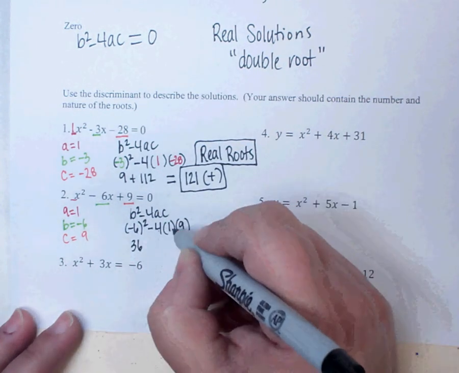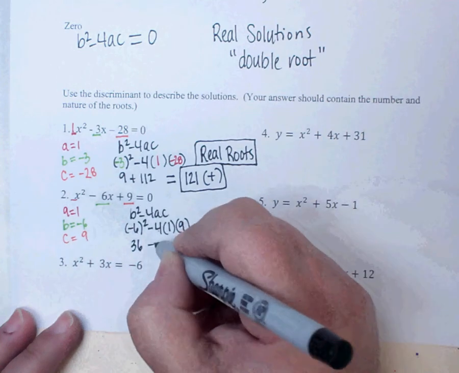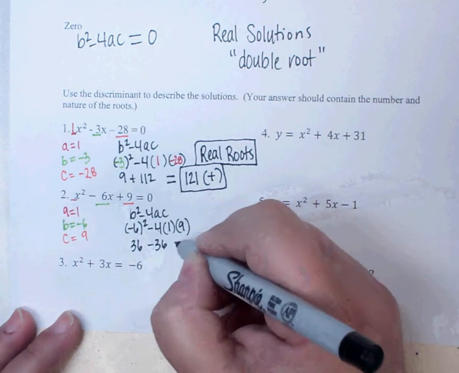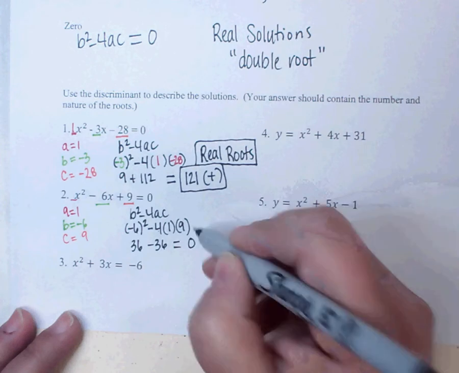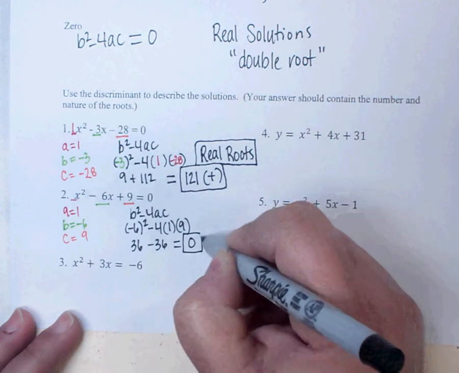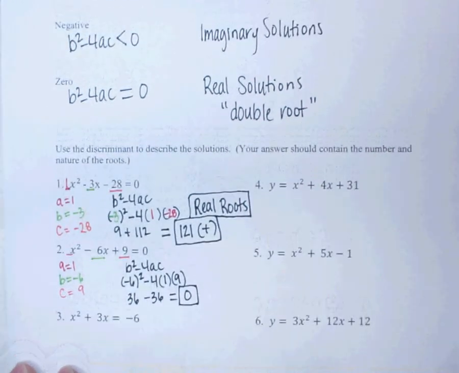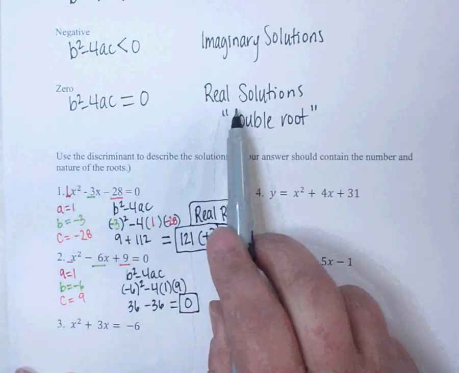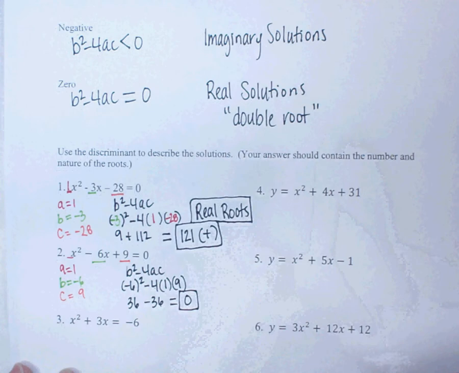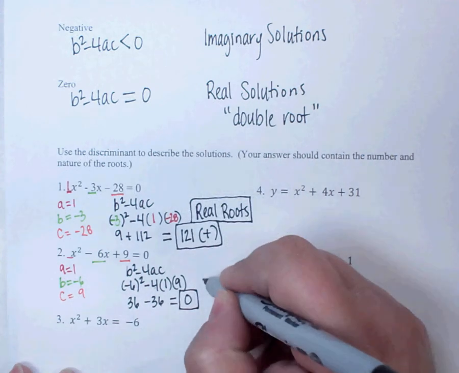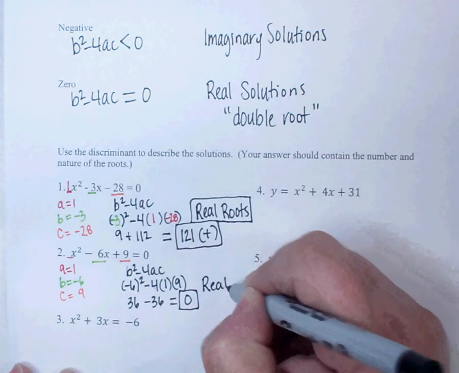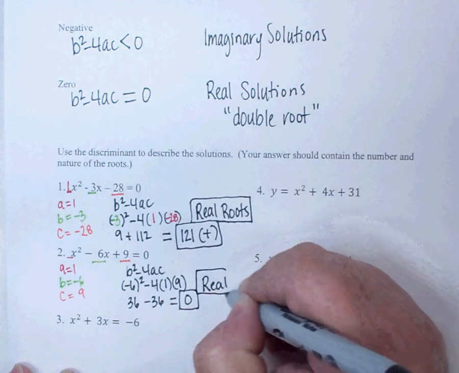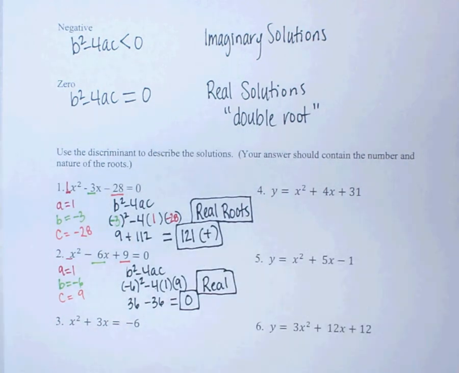Minus 4 times 1 times 9 is minus 36, and that's equal to 0. So we have our discriminant is equal to 0. If you go back up here, what does that equal? That means that we have real solutions, and in fact we're going to have a double root. So our solutions are real. And we can go on to the next problem.